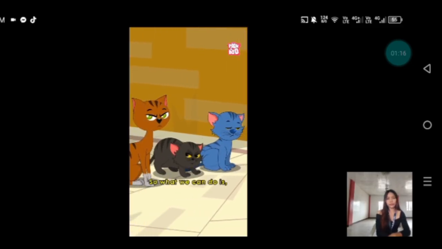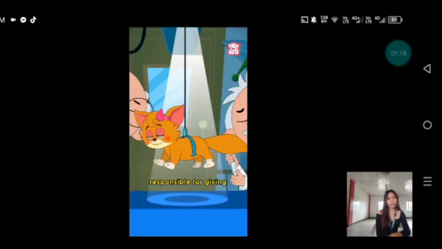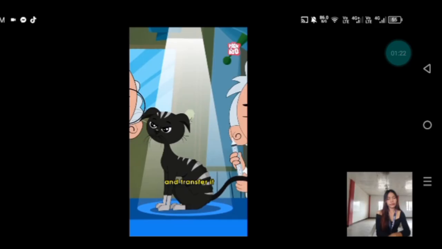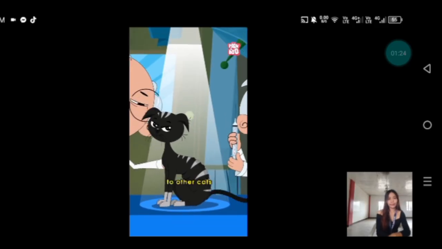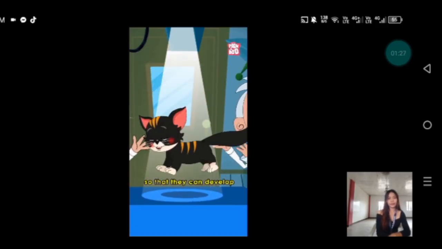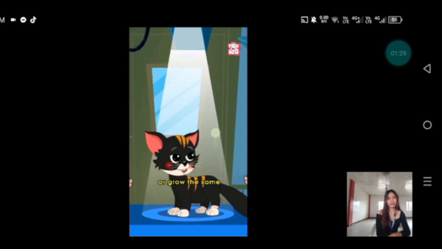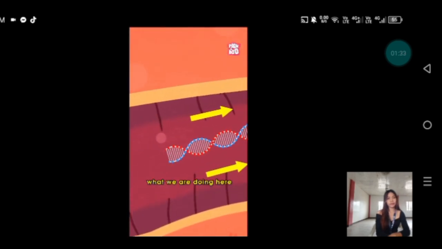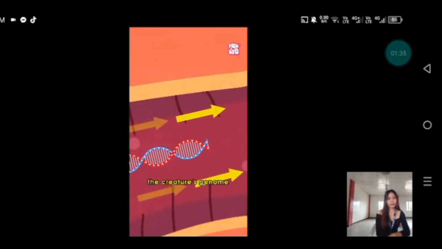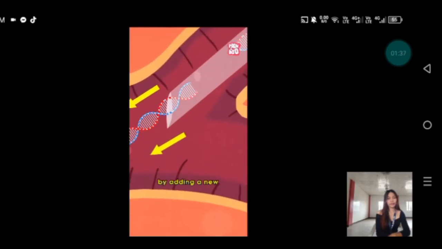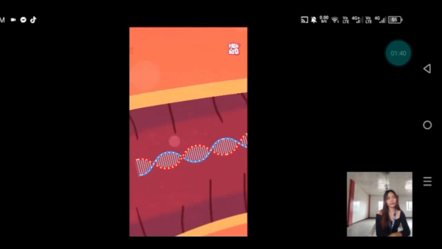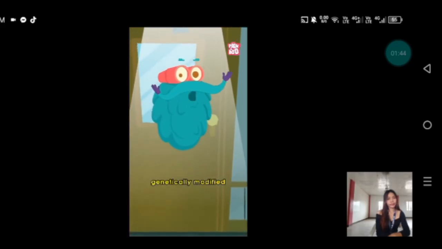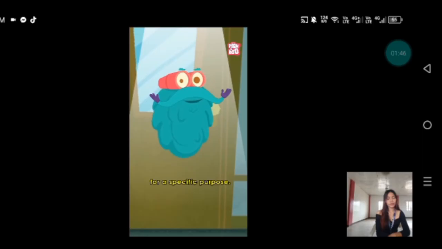So, what we can do is take out the gene responsible for giving the cat that lovely fur and transfer it to other cats so that they can develop or grow the same set of fur. So, basically, what we are doing here is changing the creature's genome by adding a new and better gene. And just like that, many animals are genetically modified for a specific purpose.